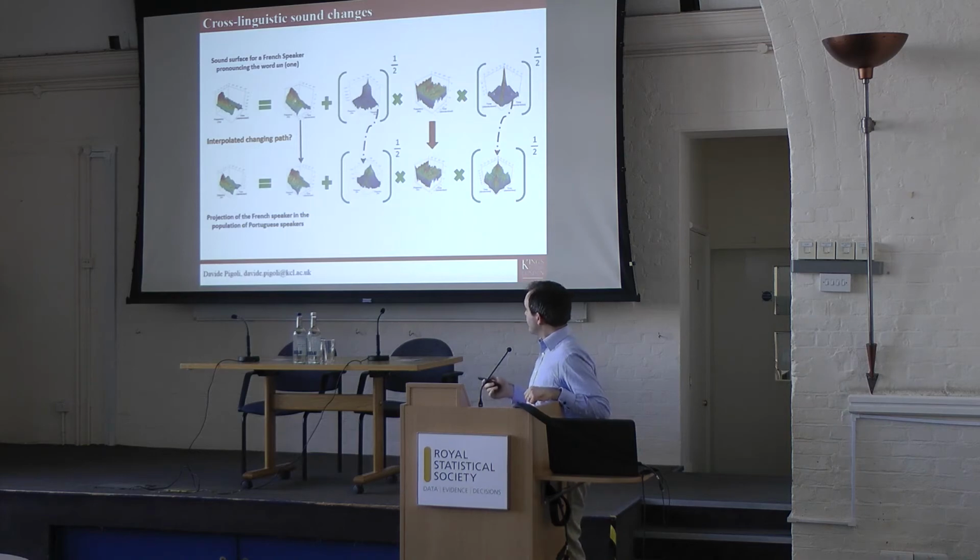Because if we see one word from one language as generated from the mean for the word plus the covariance structure of the language applied to the speaker-specific residuals, we can use this decomposition to model how the same speaker can be projected into a different language.